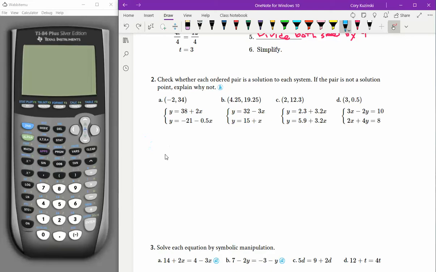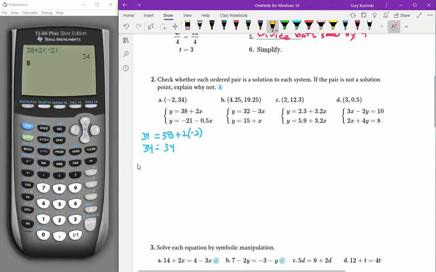We'll take the 34, put it in for y. Take the negative 2 and put it in for x. And simplify. I think I'll use the calculator. So 38 plus 2 times negative 2 is 34. So we get 34 equals 34 there.